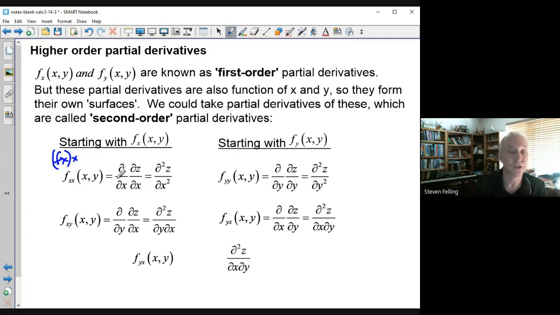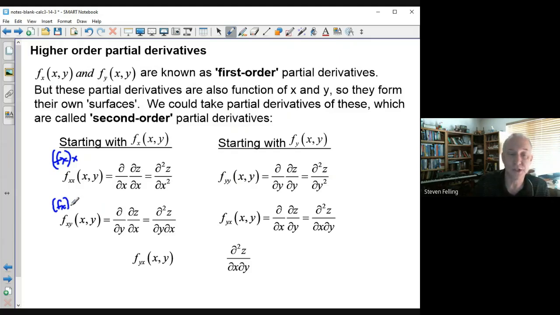So another symbol for this is del squared z, del x squared. And you can do the same thing with y. So fyy is del squared z, del y squared. But you could also mix things up. You could say, okay, let's start with taking the derivative with respect to x, and then when we get our function, that function could include y's.